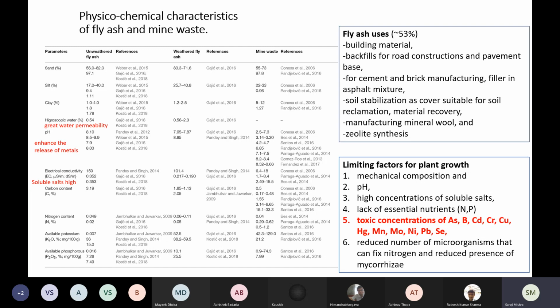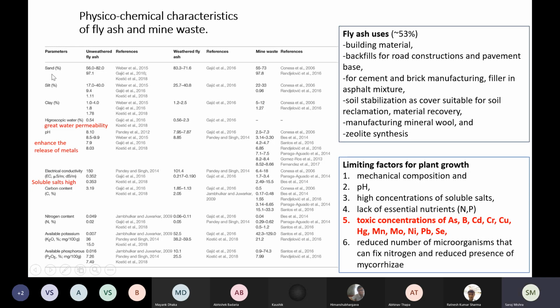When they fall on these, the sand becomes weathered, in which case the composition can also change as a consequence of weathering. That is why we use a term like either the unweathered fly ash, or the weathered fly ash, or the mining wastes.